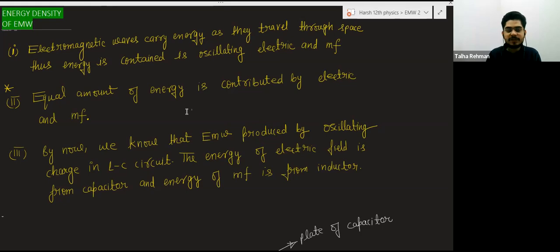And mathematically, we will see how we can calculate the energy density for the electric field and the magnetic field in an electromagnetic wave.